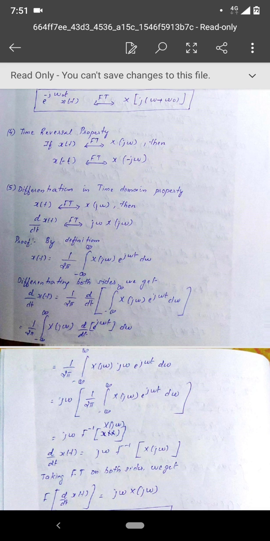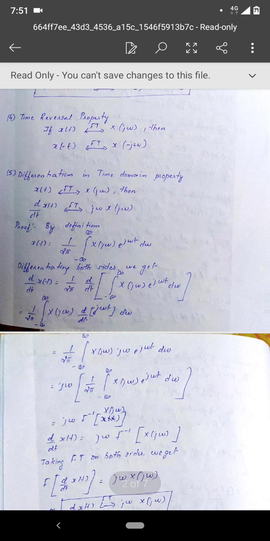Okay, and again integration can be brought out of the differentiation. The reason is that integration is with respect to omega, and differentiation is done with respect to t. So in that sense, that integration from minus infinity to infinity x of j omega d omega is a constant with respect to that differentiation. So that will be coming out.